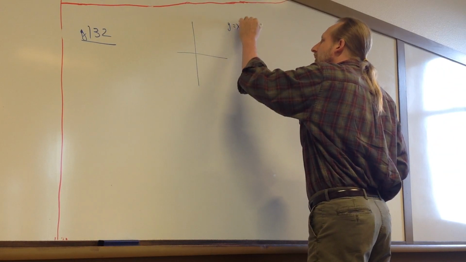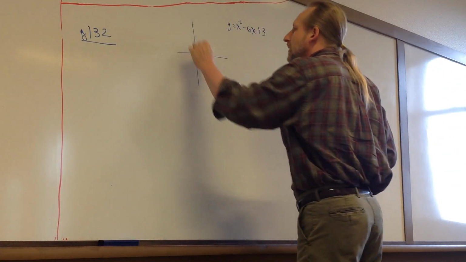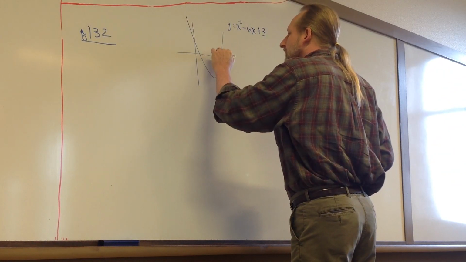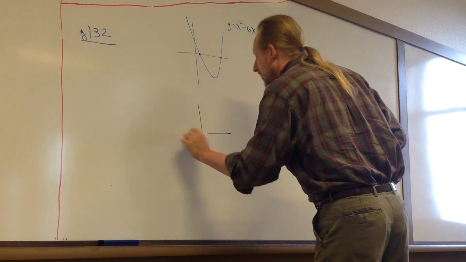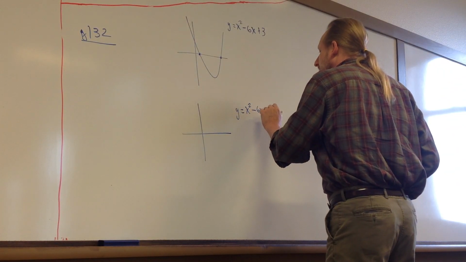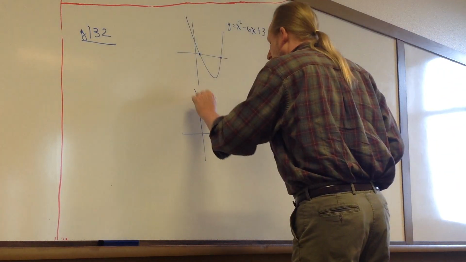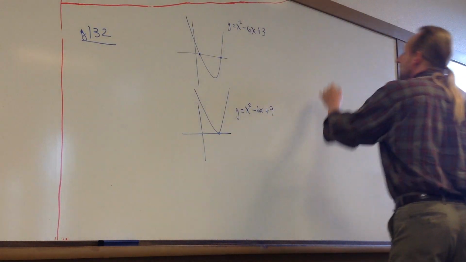X squared minus 6x plus 3 looks something like this and has roots here and here. And x squared minus 6x plus 9 just comes down and touches and goes back up.